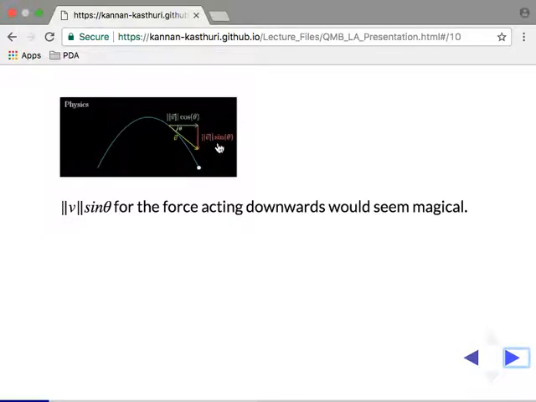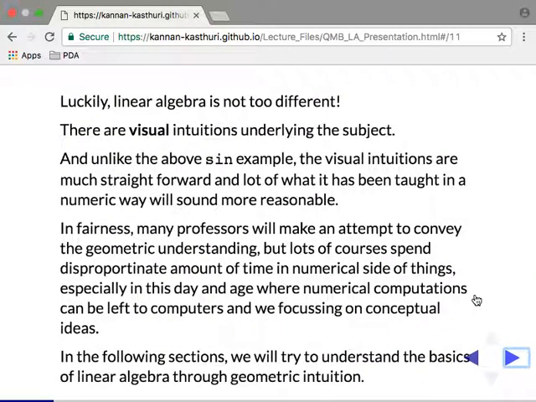It would all seem magical without the geometry behind these formulas. Linear algebra is not too different actually. There are visual interpretations and intuitions behind the subject, and in fact it's more straightforward. Here, it's very difficult to actually appreciate sine and the force acting downwards.